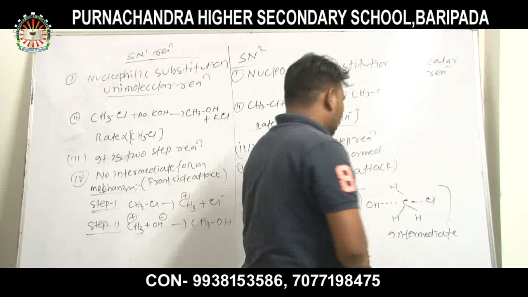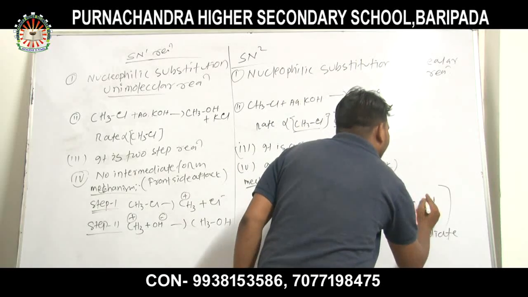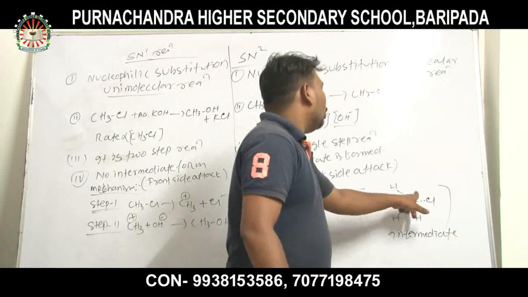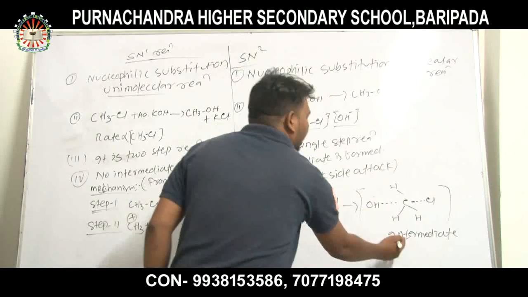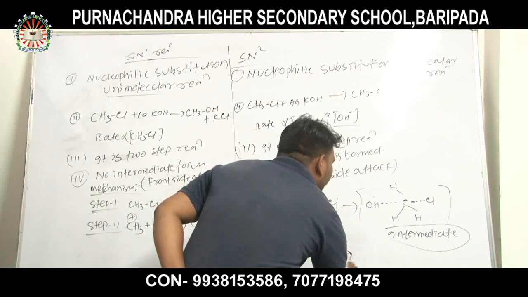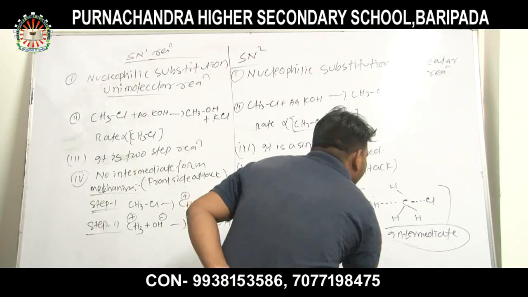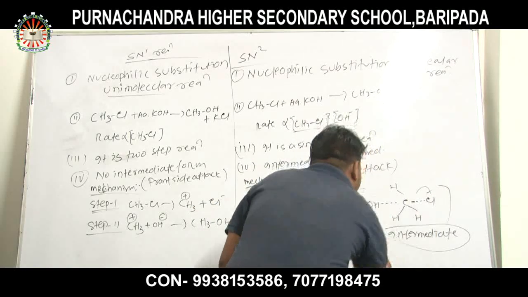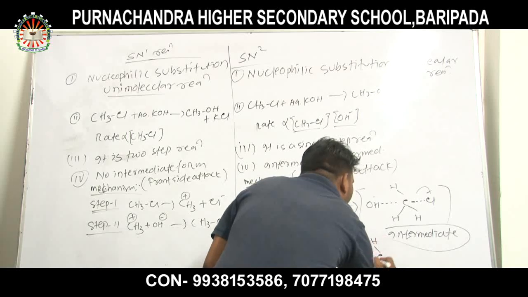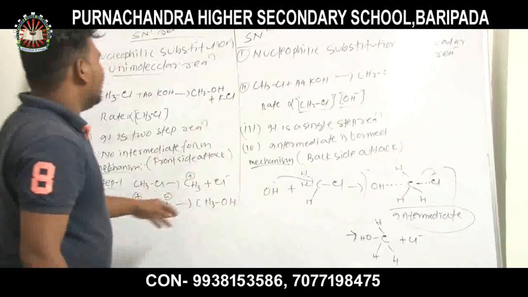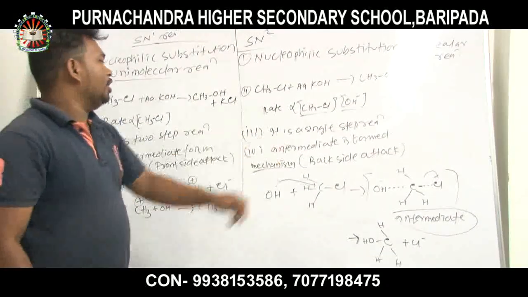Here the dotted line denotes that new bonds are forming and old bonds are breaking. This intermediate is very unstable, and it becomes stable by removing the halogen group, giving alcohol plus Cl minus. That is the mechanism of SN1 reaction and SN2 reaction.